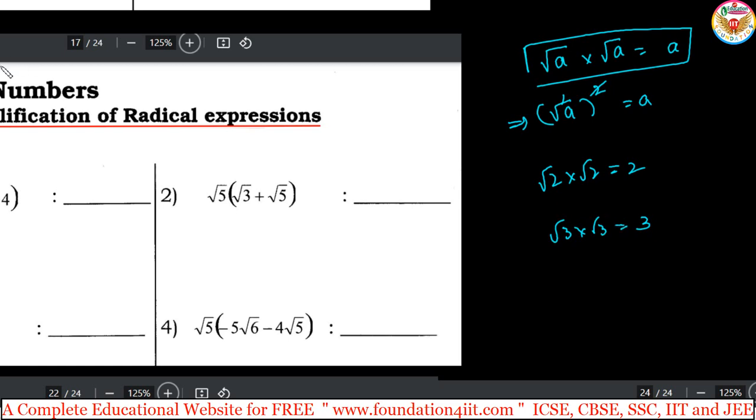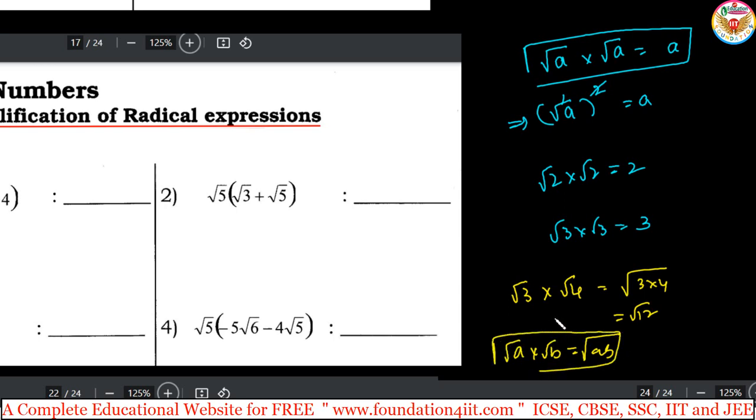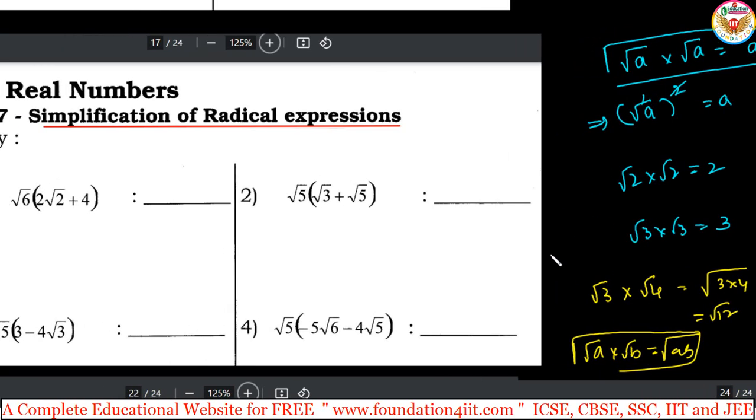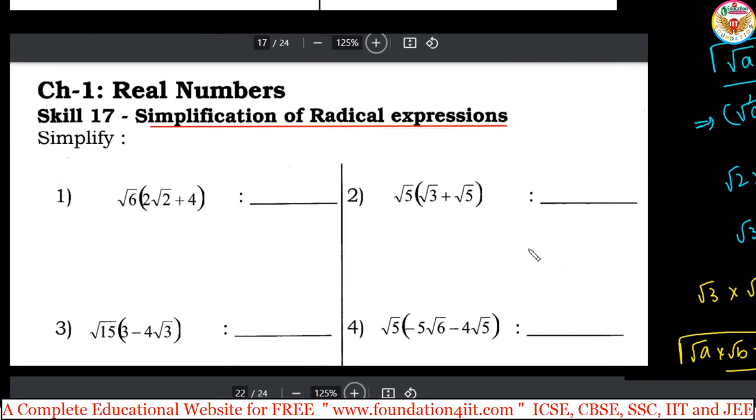Okay. Next, square root of 3 into square root of 4 means within the square root you can multiply 3 into 4. That is square root of 12. That means square root of a times square root of b is equal to square root of a into b. Okay. These two properties you apply to solve here. Next, rational and irrational we cannot multiply; only rational to rational will multiply.